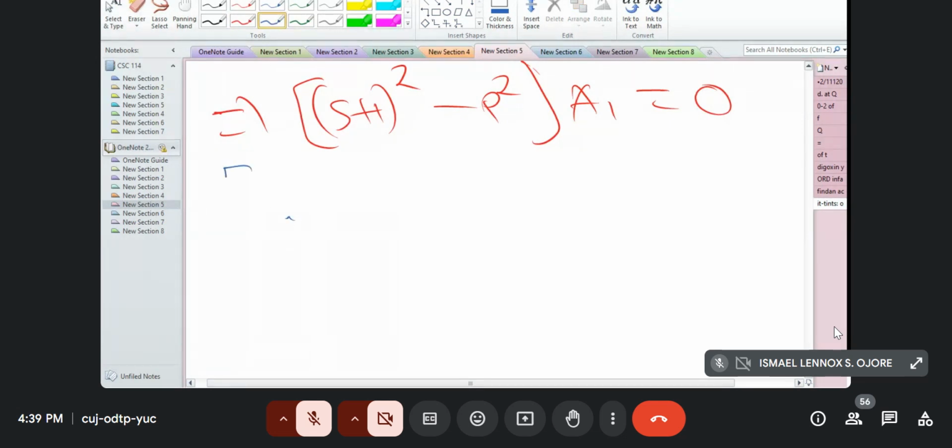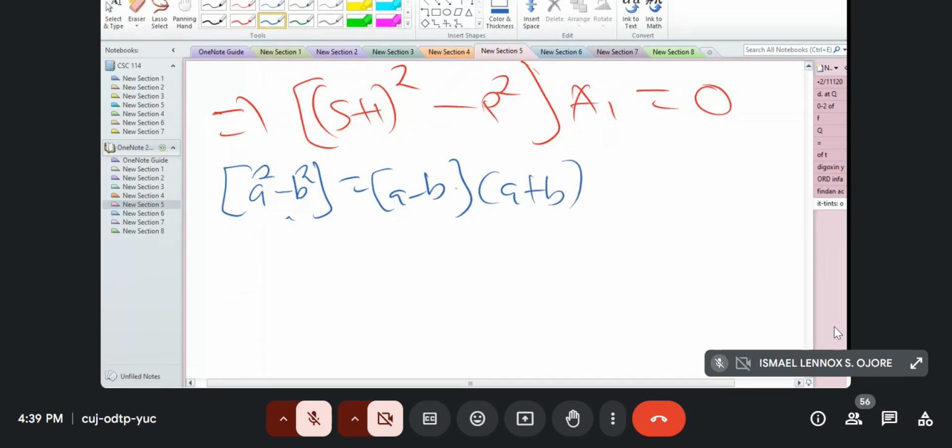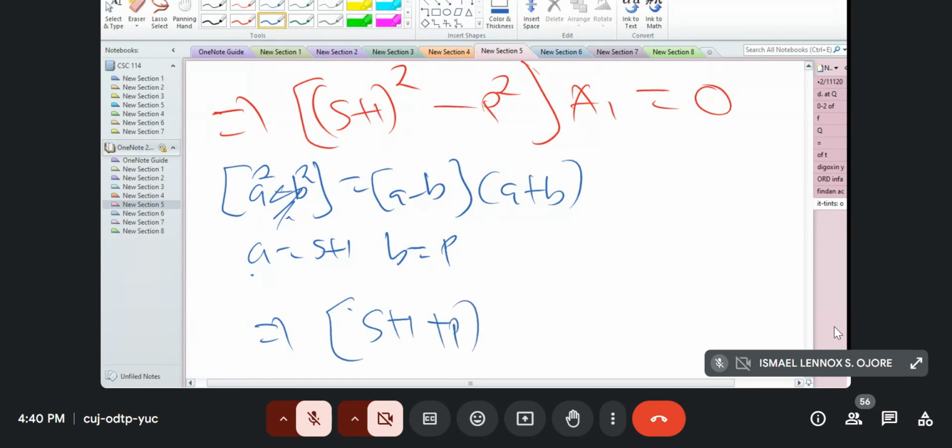When you have a squared minus b squared, you can write this as a minus b, a plus b. Here your a is s plus 1 and your b is p. So we have s plus 1 plus p times s plus 1 minus p times a1 equals 0, isn't it?